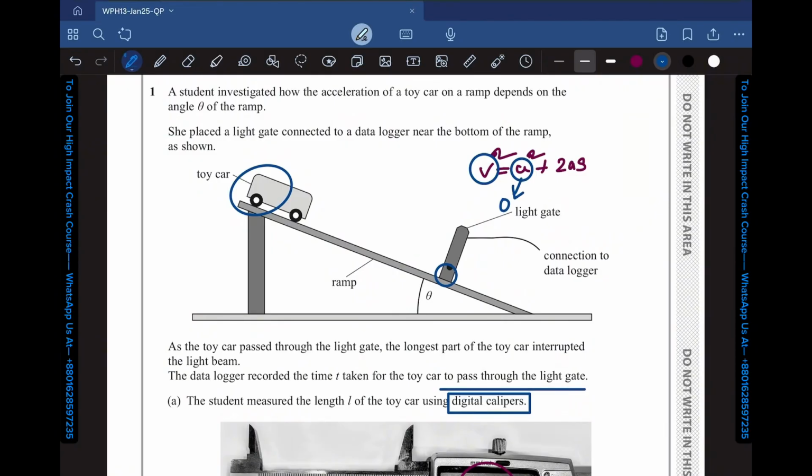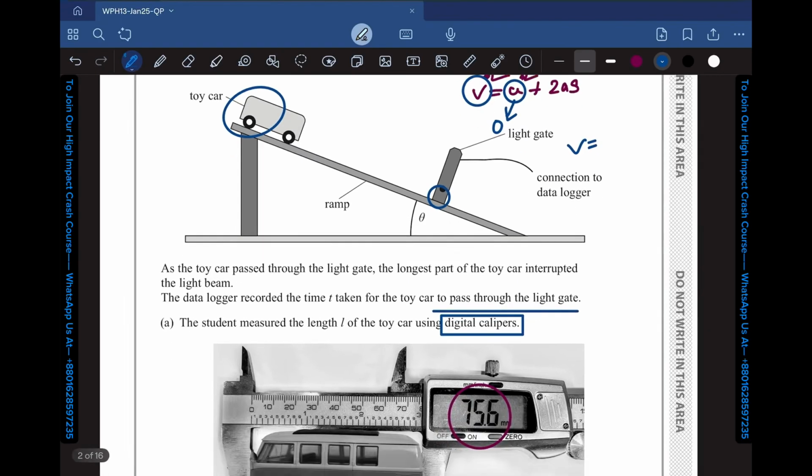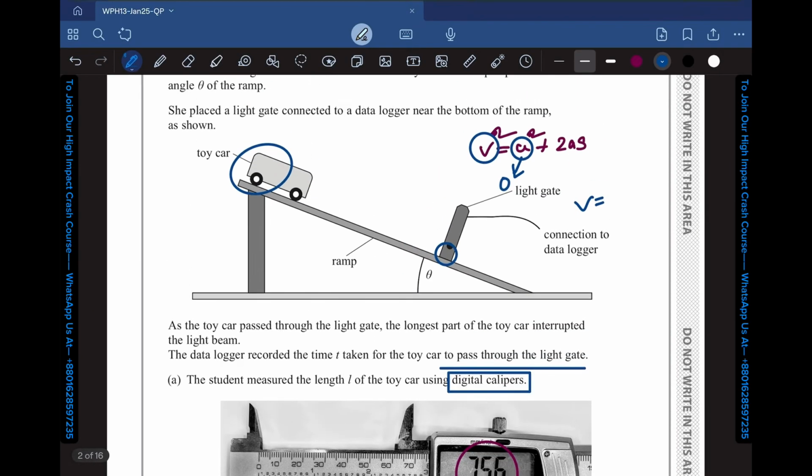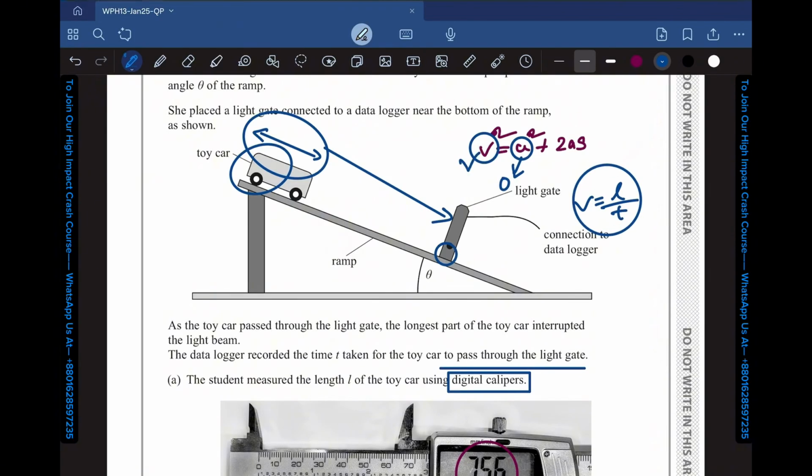We will figure out the velocity because we know velocity is equal to distance divided by time taken. Here the distance will be the length of this toy car, divided by the time it takes for this length of the toy car to pass through this light gate, which will be our time. So using this we will get our velocity value.